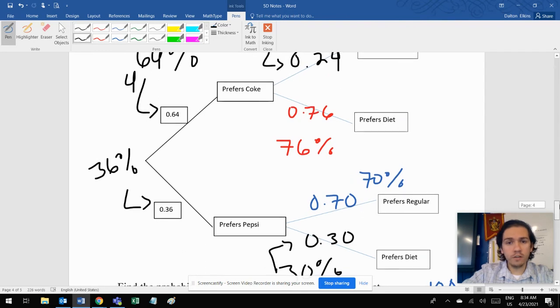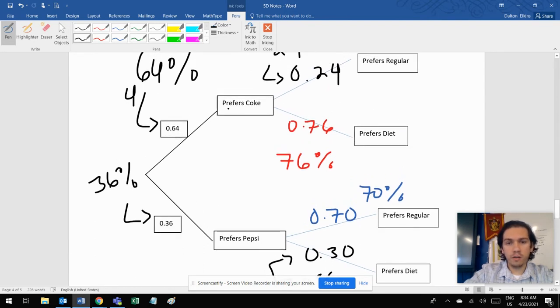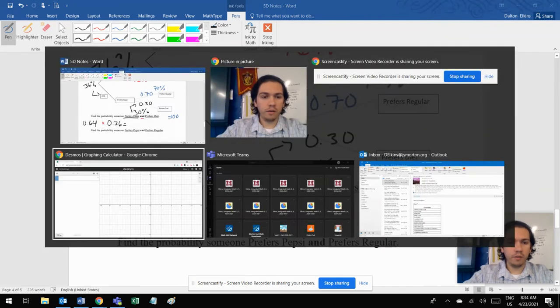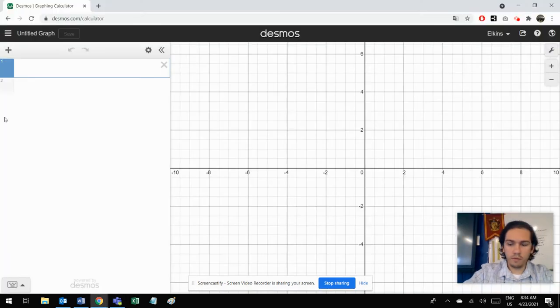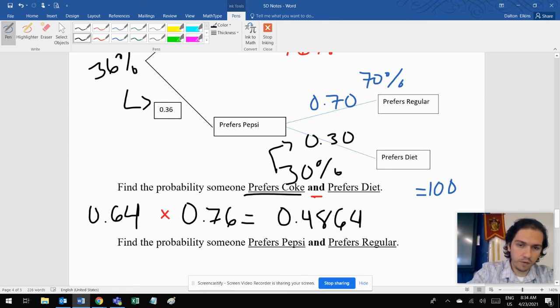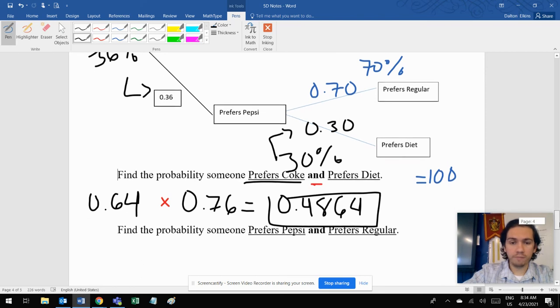If I go into the Coke part of the tree, 76% prefer diet, so I'm going to multiply by 0.76. I can go to Desmos and do 0.64 times 0.76. That's going to equal 0.4864.